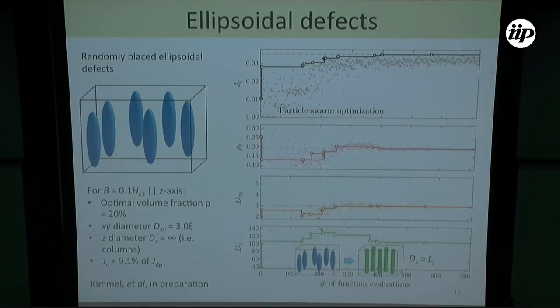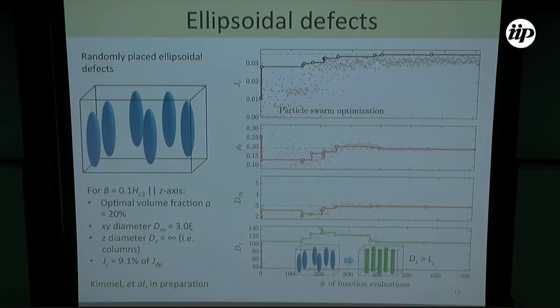So here I would like to present the optimization in ellipsoidal defects. This pattern can be characterized by three quantities: the diameter in this direction and the diameter in this direction, so actually in the XY plane, and the volume fraction occupied by these defects as well.